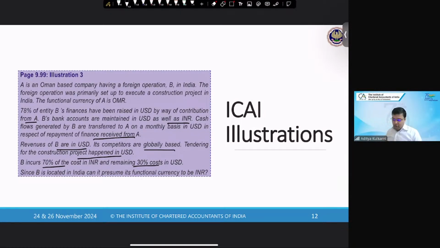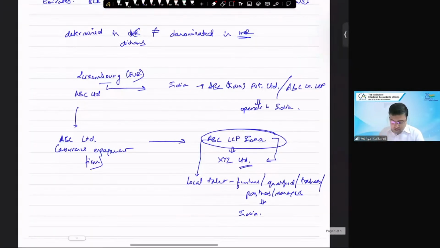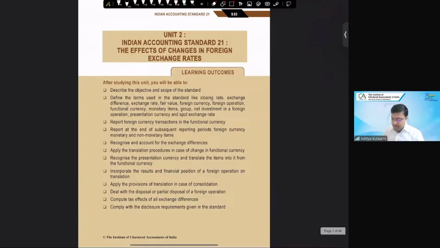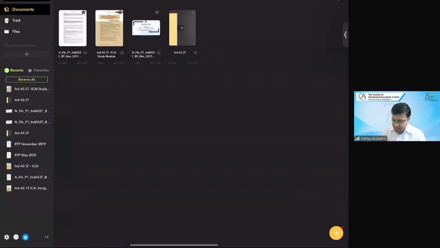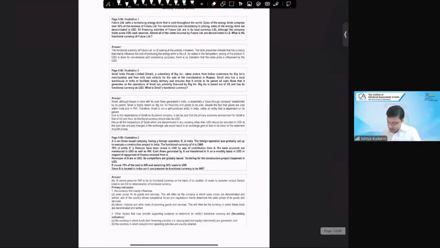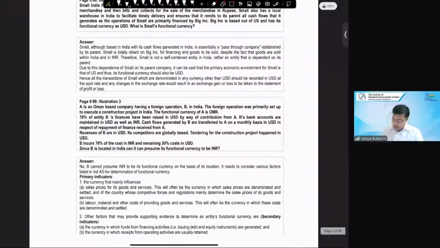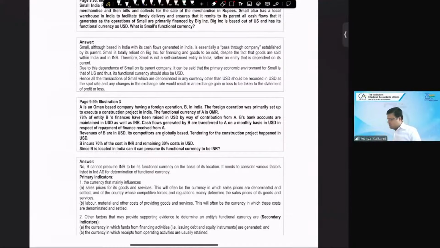Now, if you look at the way the institute has worded this, the answer is correct. USD, what you have said, is absolutely right. Let me see my solution. Since B is in India, can it presume?